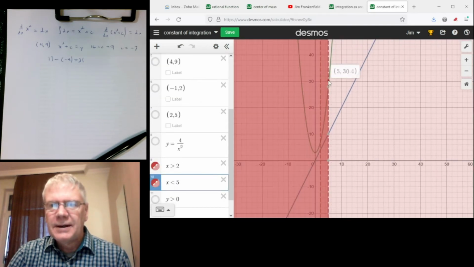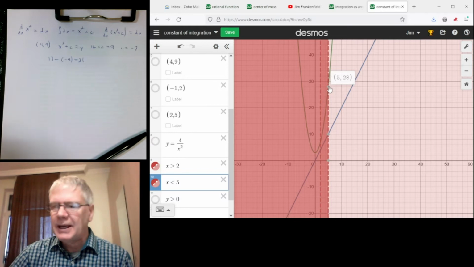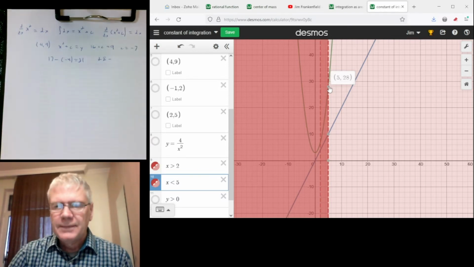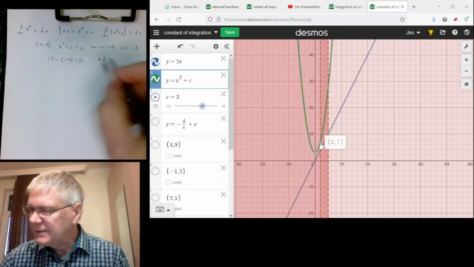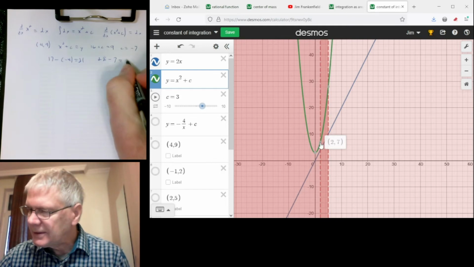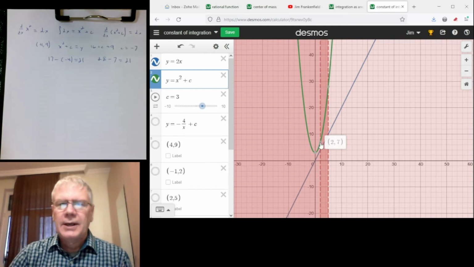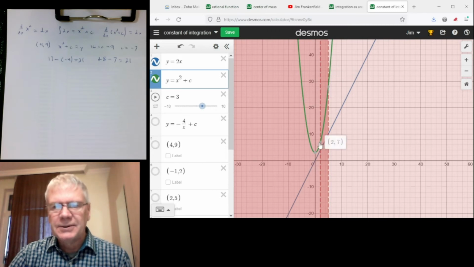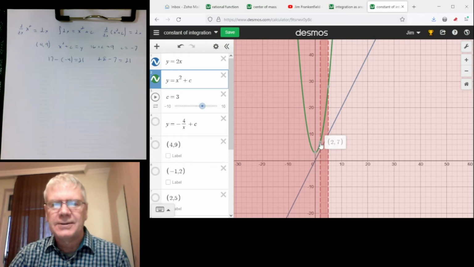Up here I have 5 and 28, so I have a y value of 28. And at 2, I have a y value of 7. So I still get 21. This point includes my constant c of 3, and this point includes my constant c of 3. And when I subtract, it just goes out and it doesn't make any difference.